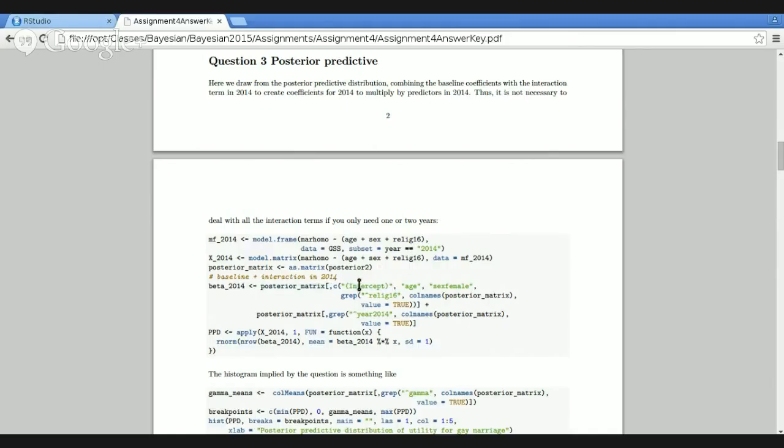So for me, those were the intercept, age, sex, female, and any variable that started with religion 16. So it was like religion 16 Christian, religion 16 Jewish, and stuff for the different religion category dummy variables.